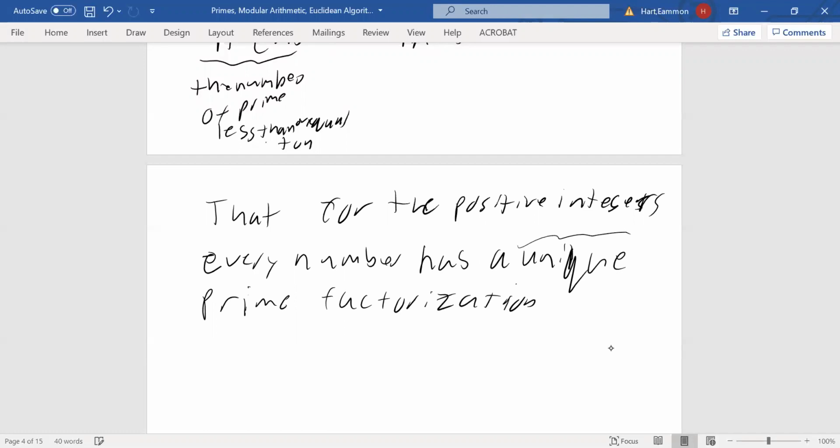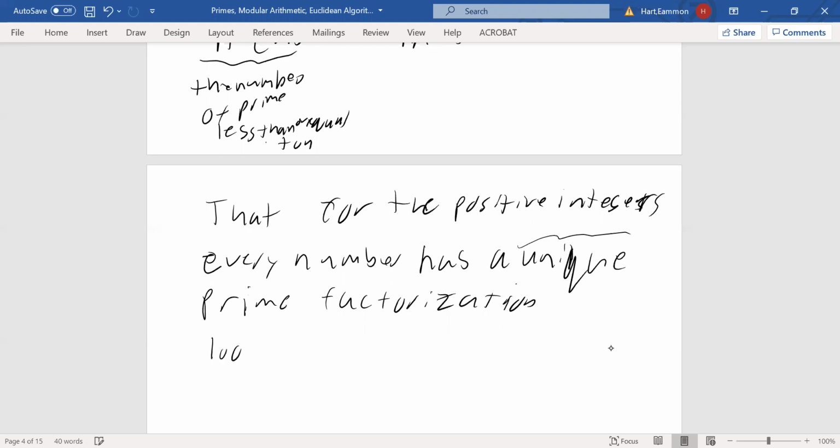This unique prime factorization might sound pretty trivial to you, that any system that would have some notion of prime factorization, sort of like the rational numbers, would obviously have it, but that's actually not the case.